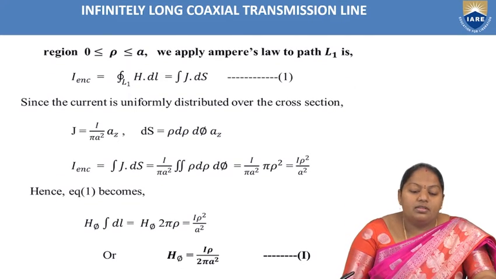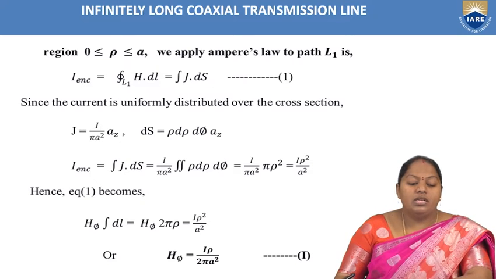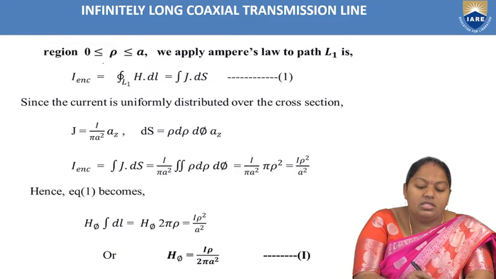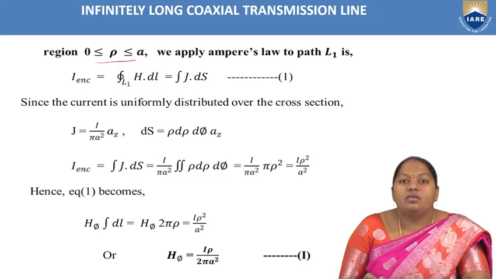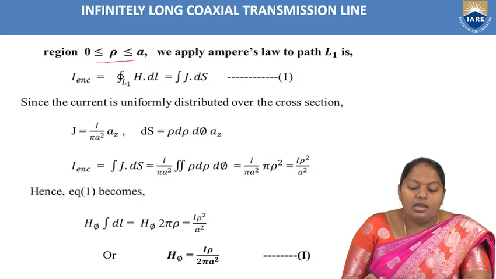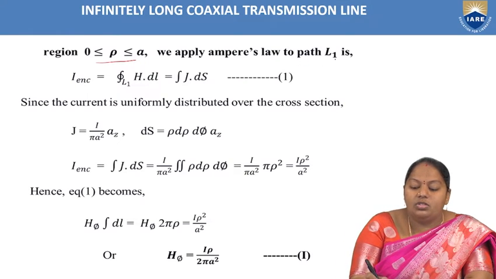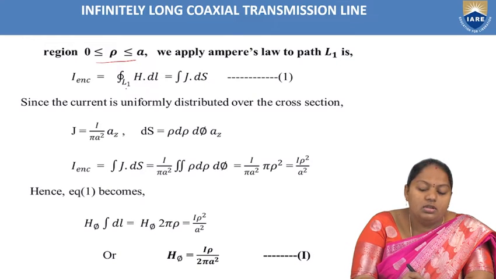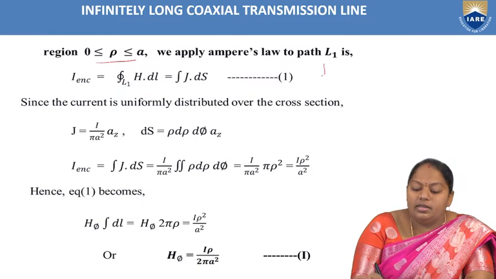For the first region, where 0 is less than or equal to rho less than or equal to A, we apply Ampere's law to path L1. In general, the closed integral over L of H dot dl is equal to I enclosed.